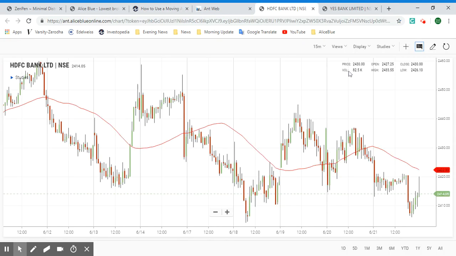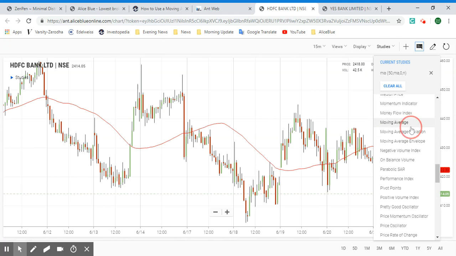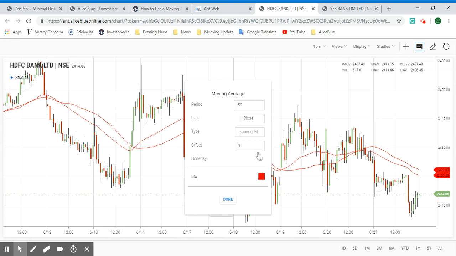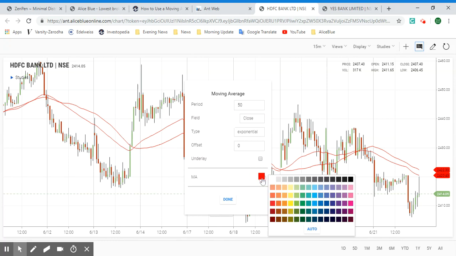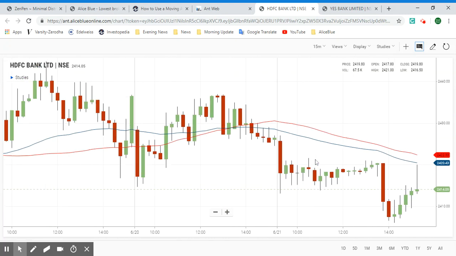So let's apply this onto the chart here. Let's add another moving average. Here, let's change the type to exponential moving average and change the color so that it is identifiable. Let's keep this blue and done.